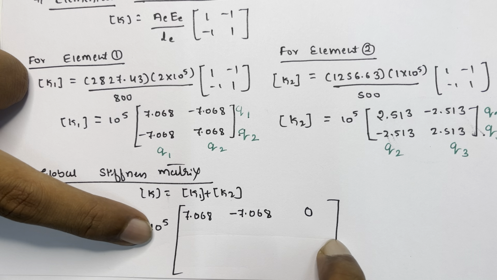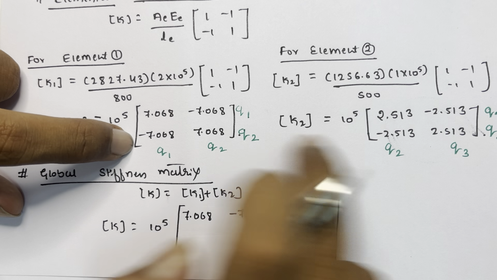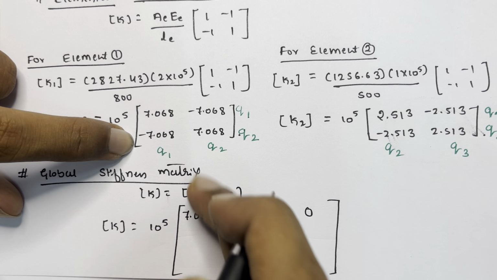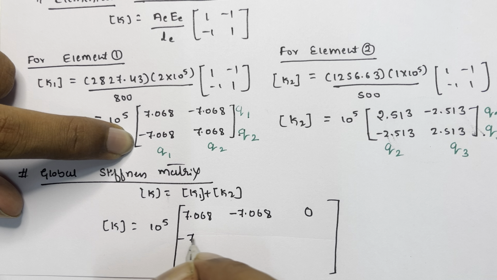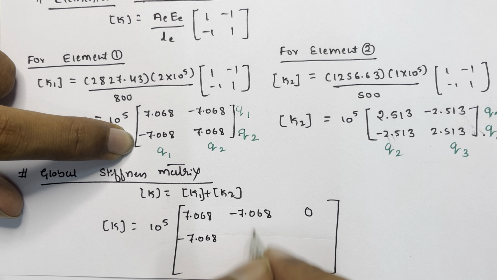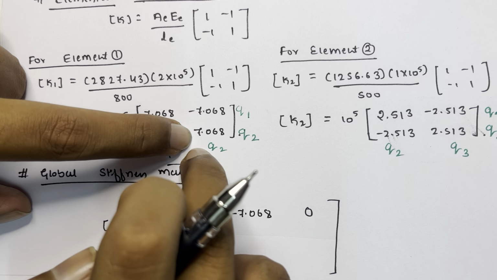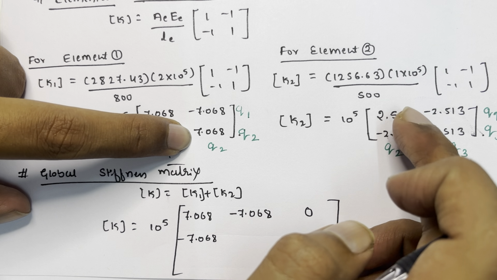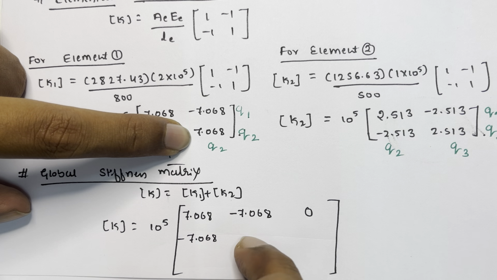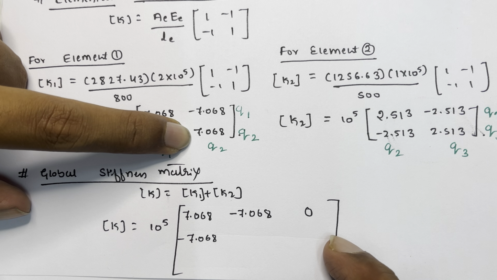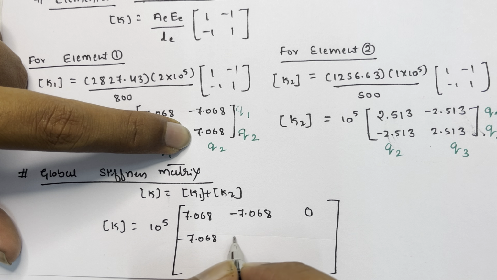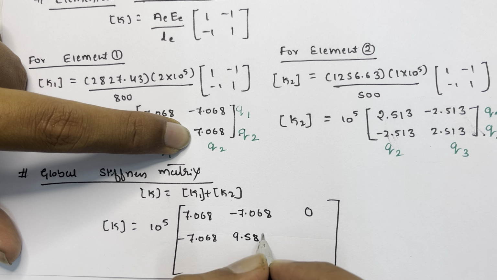And the second row is related to only Q2. Here we have Q2 and here we have Q2. For Q1 we have the value 7.068. For the second one Q2, here we have one value and here we have one more value, so we have to add this and this at the middle, because this column is related to Q2, this row is also related to Q2. After adding, we get 9.581.